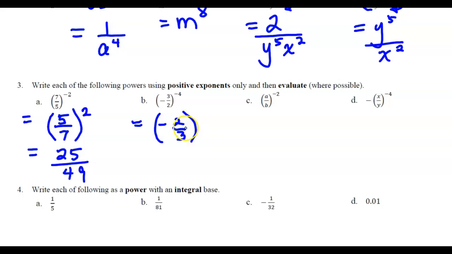We flip the fraction and it becomes positive exponent 4. Then we know we're raising a negative to a positive exponent that's even. So that means the overall answer will be positive. 2 to the 4th is 16, 3 to the 4th is 81.